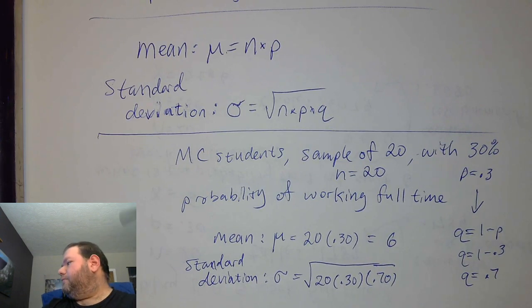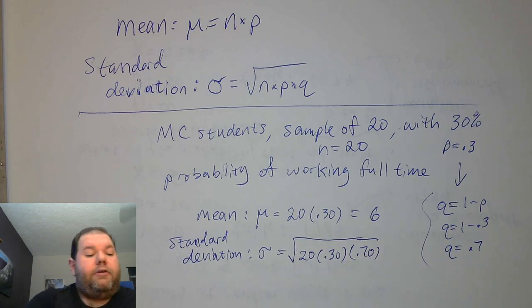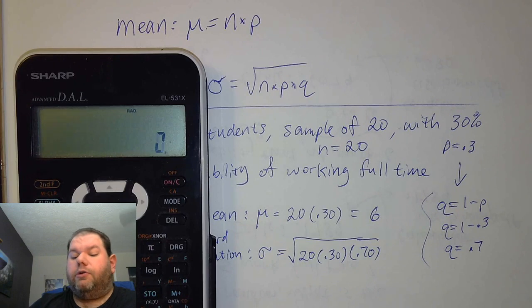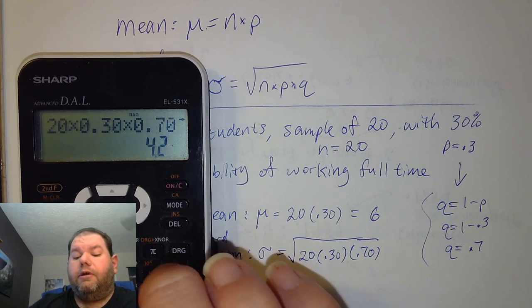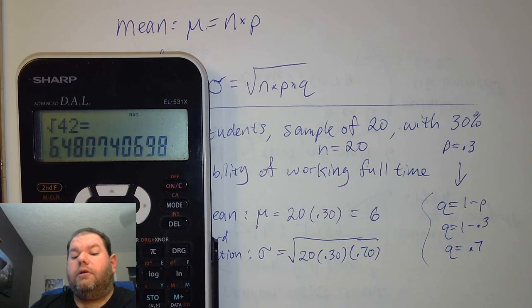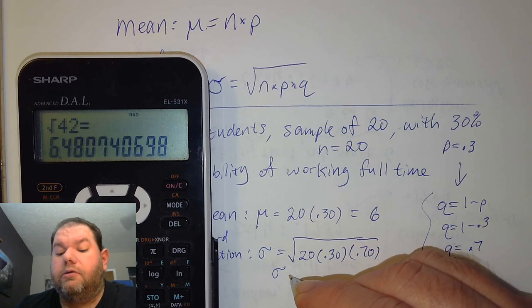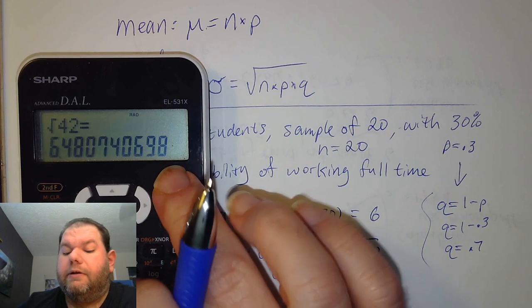All right. So we just need to calculate this. So I will take 20 times 0.30 times 0.70, which is 42, and then take the square root of 42. And so our standard deviation, that's not 42, it's 4.2, isn't it?